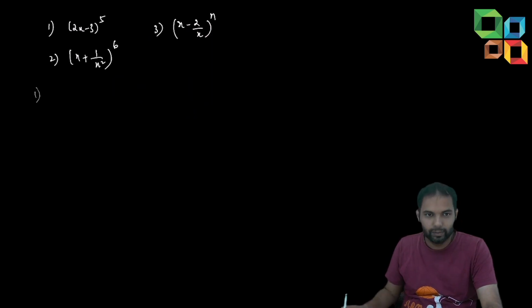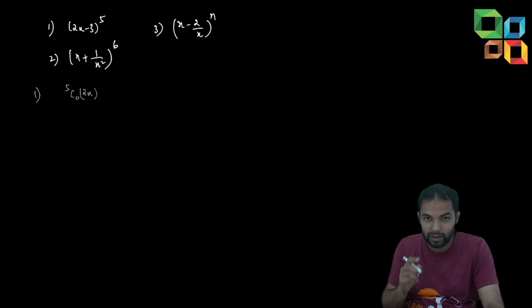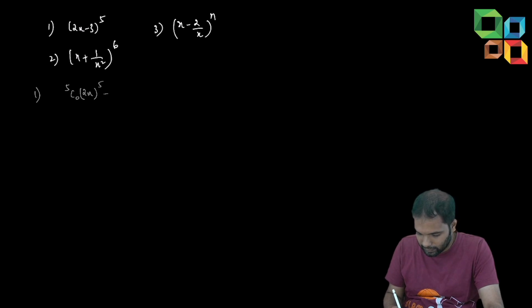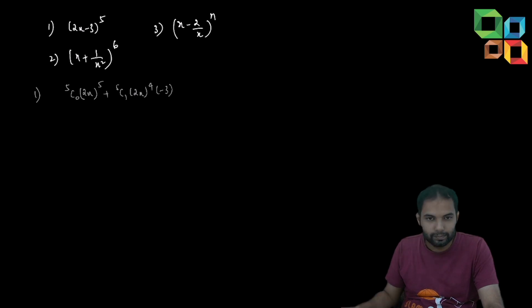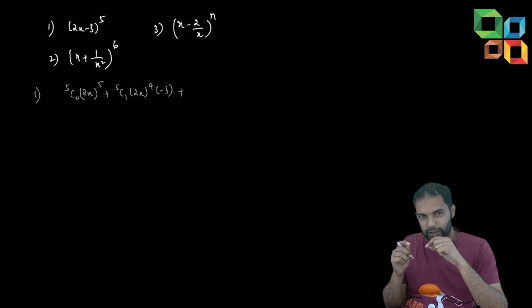What will be the first one? First one is 5C0 into 2x. The first term is not x now, it's 2x. So (2x) power 5. Next term, plus 5C1 into (2x) power 4 into minus 3. It is x power 4 into y, and y is not plus 3, it's minus 3.